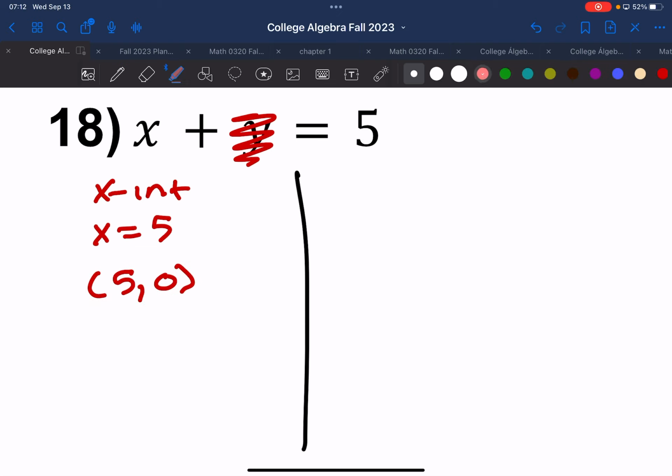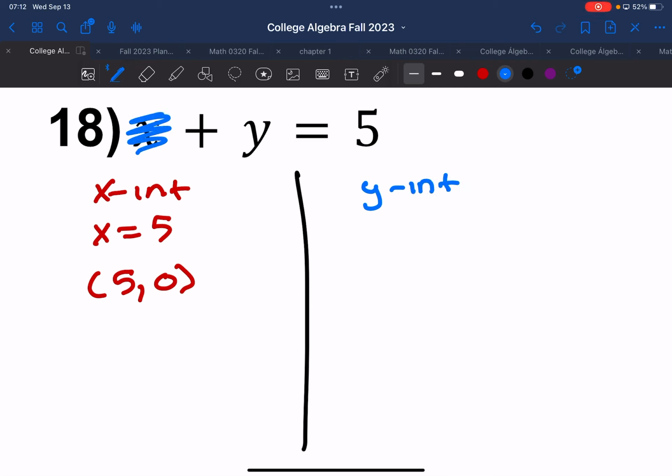And for the y-intercept, I know I'm ignoring what variable? X. And so I'm left with what? Y equals 5, which is what point? 0, comma 5. So again, this would be another one where you could just ignore that opposite variable. It would be really easy to do without all those extra steps.